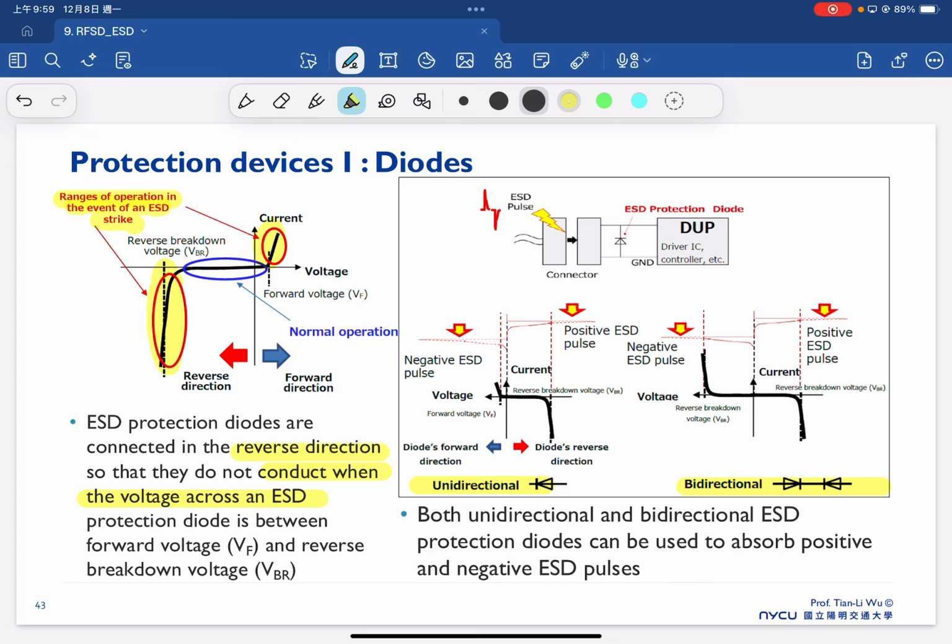In this case, we can have symmetry for the forward and reverse ESD protection. So both unidirectional and bidirectional ESD protection can be used to absorb positive and negative ESD pulses. That's the typical idea of how we use a diode for ESD protection.